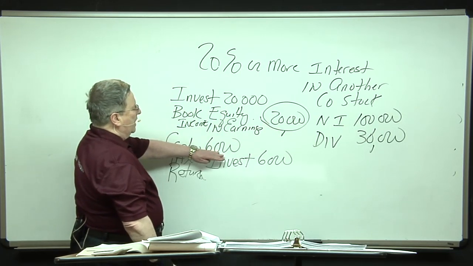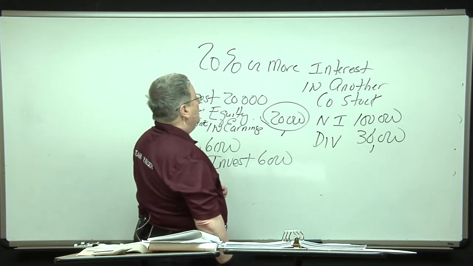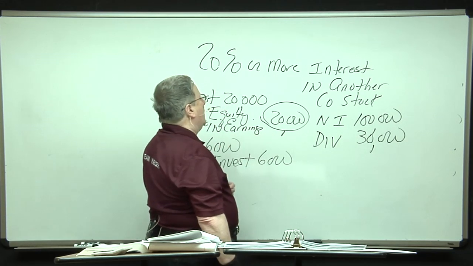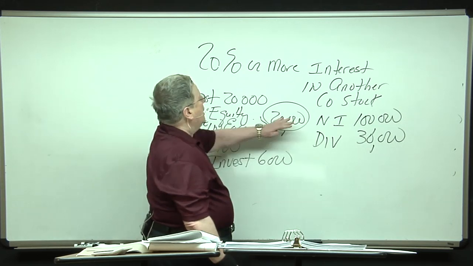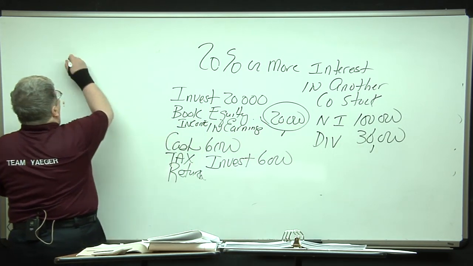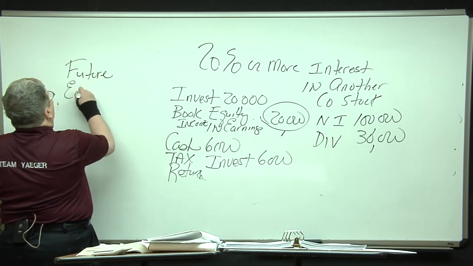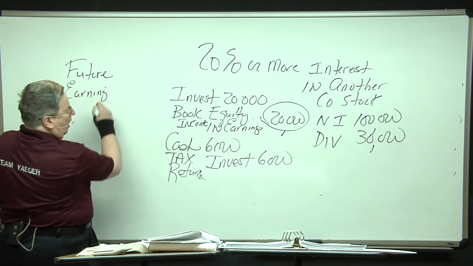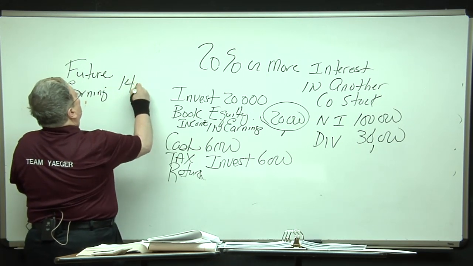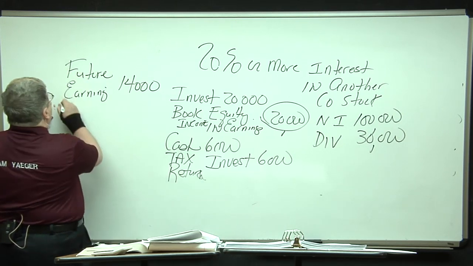So far, we've received 6 of this 20 paid to us in cash. So, if all undistributed earnings are going to be paid to us in the future, they still owe us $14,000 in the future. So, we are owed future earnings of $14,000. Now, when we receive these future earnings, they're going to be dividends.